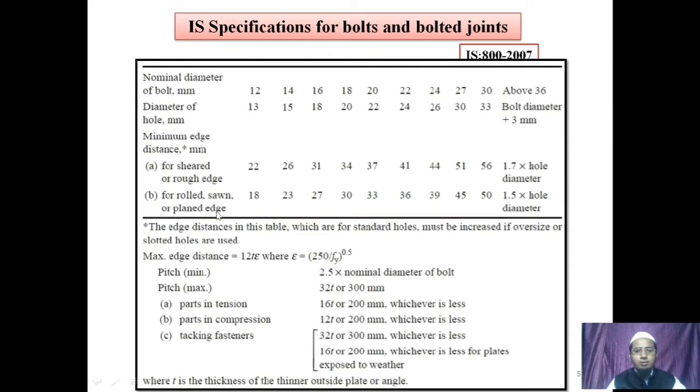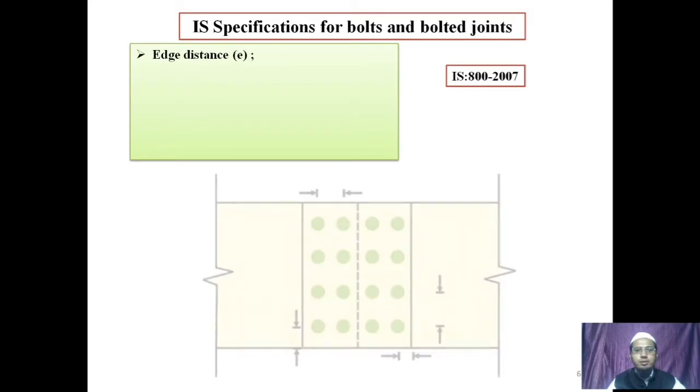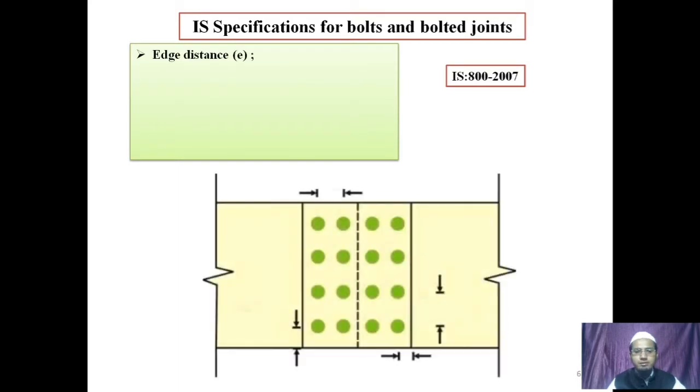Now let's move towards edge distance. So what is meant by edge? Before that, a short revision on pitch and gauge distance. You can see in the diagram there are two plates connected by means of a bolt assembly and subjected to a longitudinal or axial tensile force.